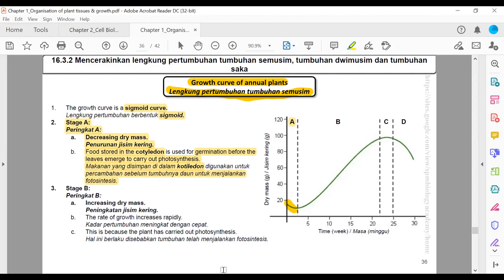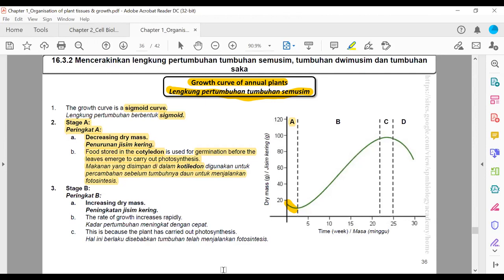During germination, leaves are not formed yet. Daun belum terbentuk lagi, dan tak boleh berfotosintesis. Cannot carry out photosynthesis means they cannot produce food, so they cannot grow as well.